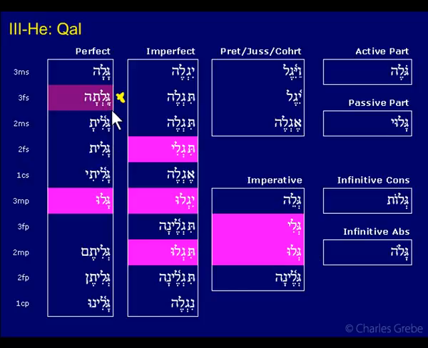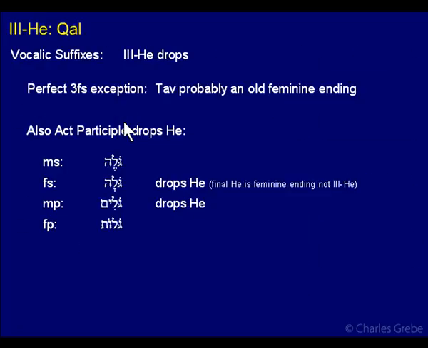And what's happening here? Well, this is another anomalous form. What can I say? There are some anomalous forms. Galta. Well, at least you see the a ending. The a ending is a feminine ending, but it's as if the hey became a tav. That's not what's happening, but it's probably an older form for the feminine ending.